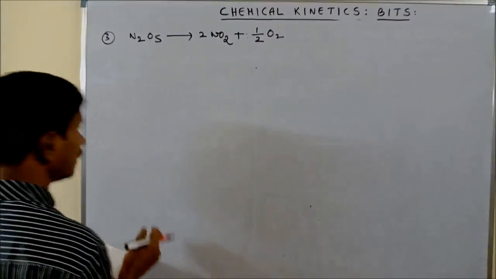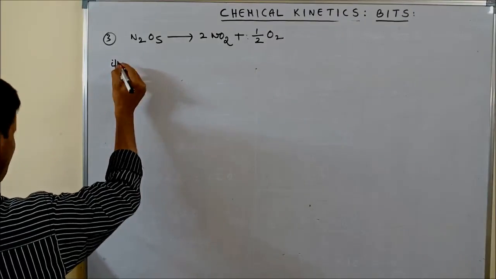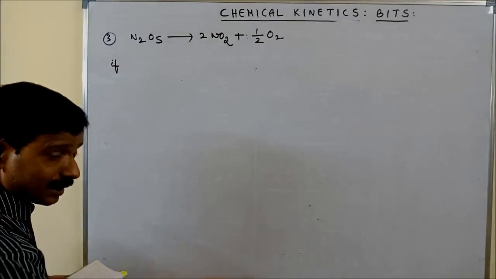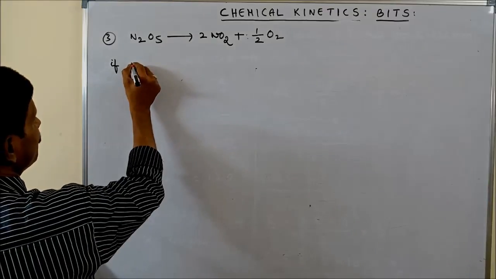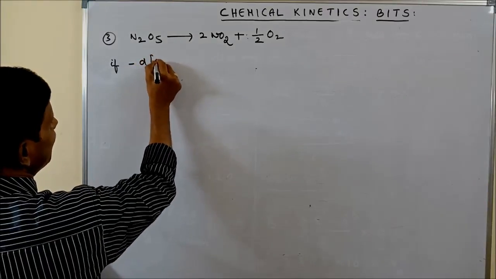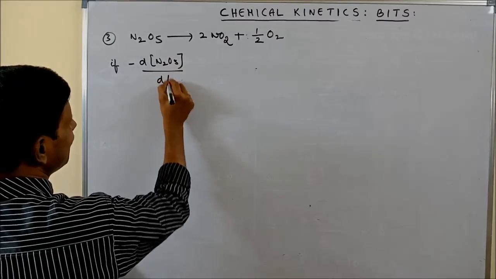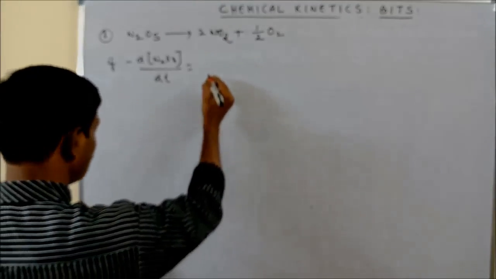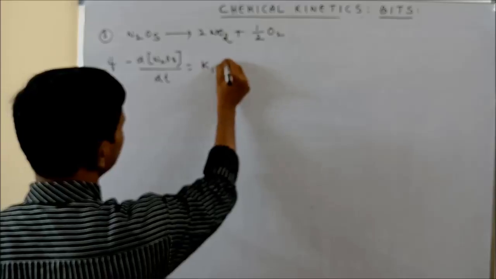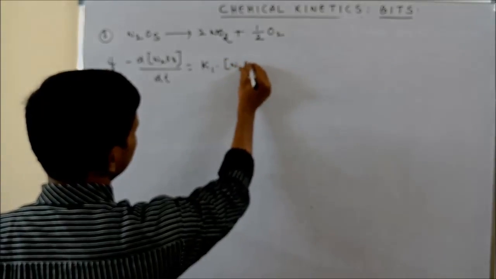For this reaction, suppose the rate of disappearance of N2O5, minus d[N2O5] by dt, is equal to K1 into [N2O5].